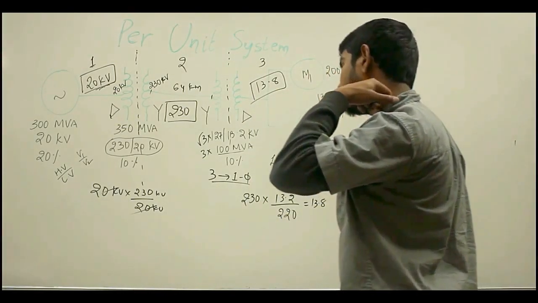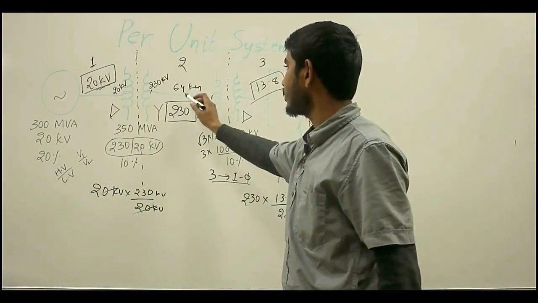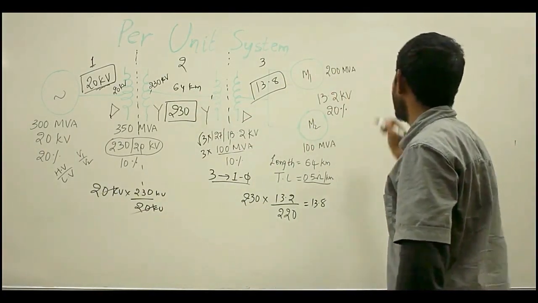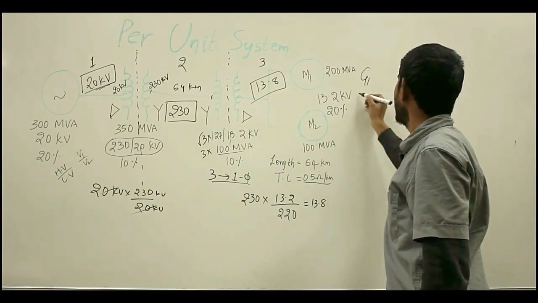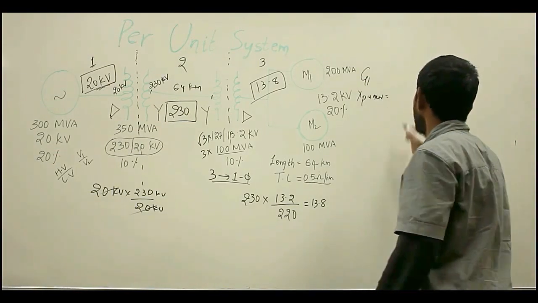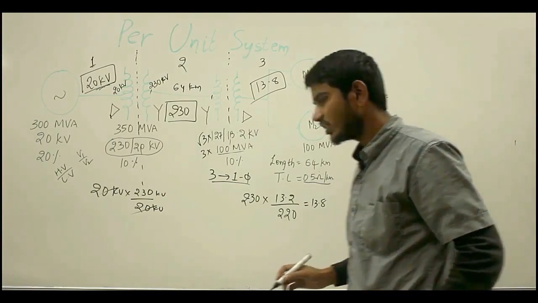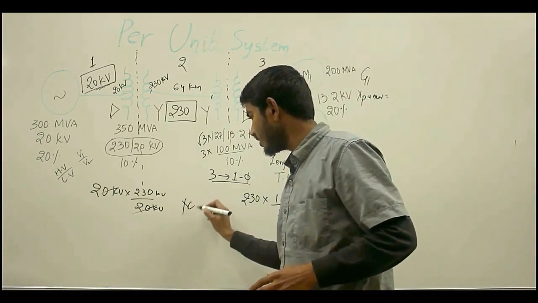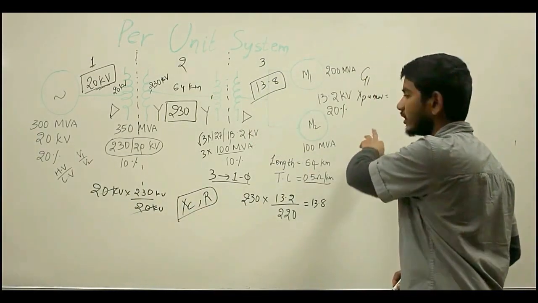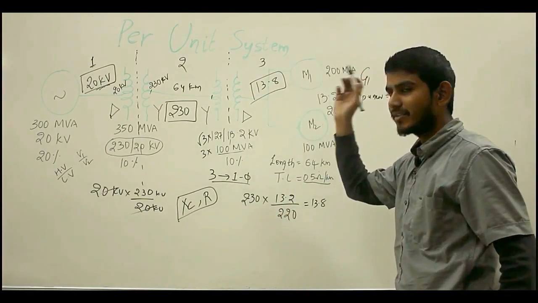Now I am required to find the per unit reactance of the generator, transformer T1, the transmission line, transformer T2 and these two motors. We are neglecting the line to ground capacitance XC and the resistances, so we have only the reactance of the inductive components.